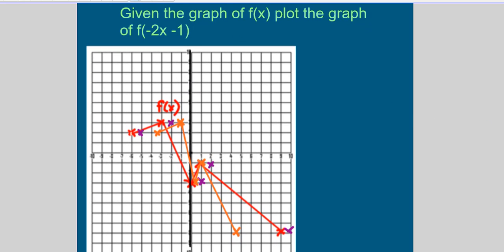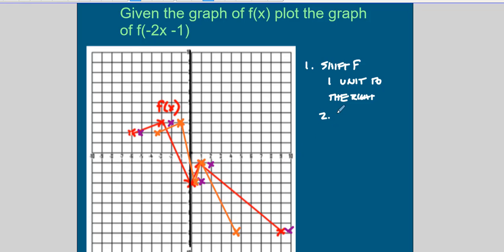So what we're going to do here is, let's imagine we're starting with the red f of x again. So our first step is again to shift f 1 unit to the right, which is what the purple points are.